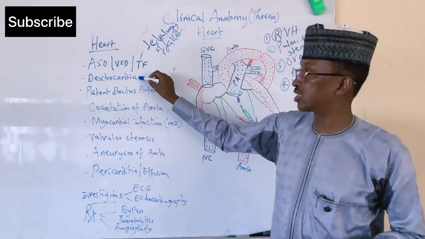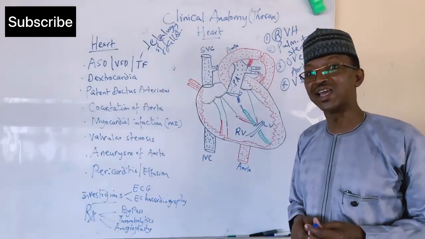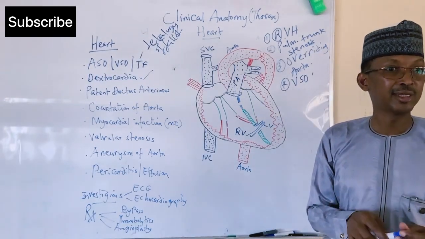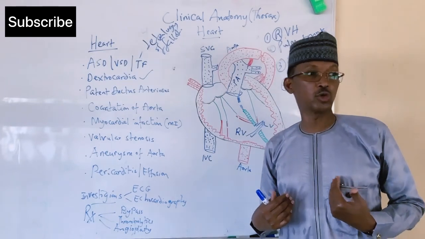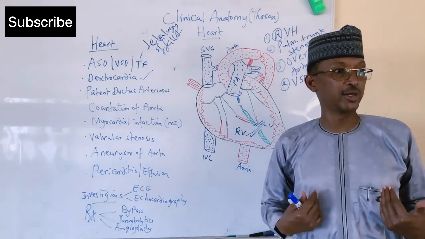The other condition, which is also congenital, is what we call dextrocardia. You all know that the major part of the heart is located in the left part of the thorax, but some part of it is located on the right side.